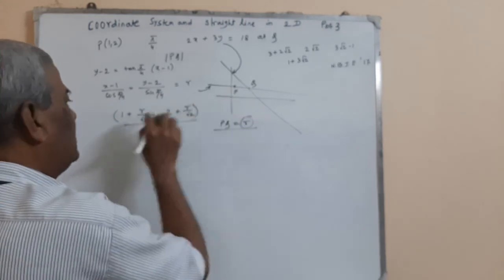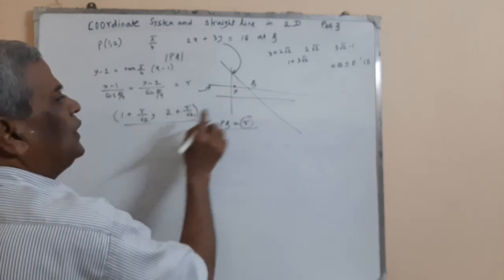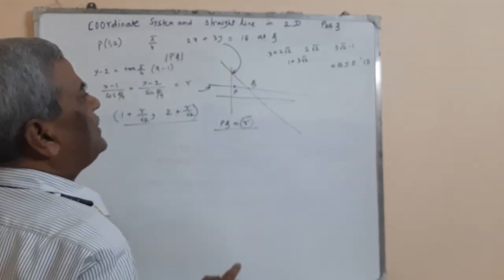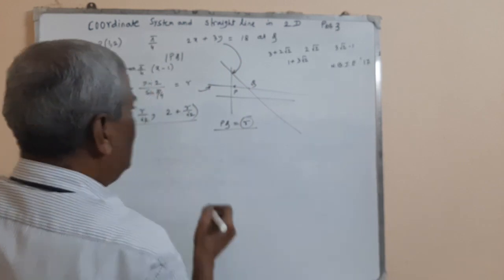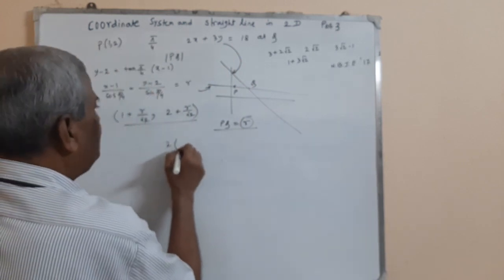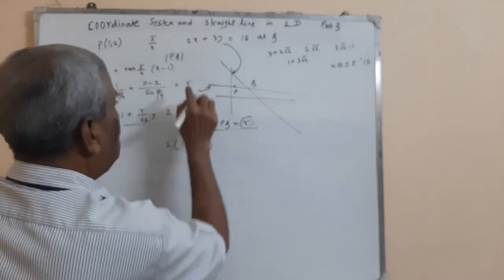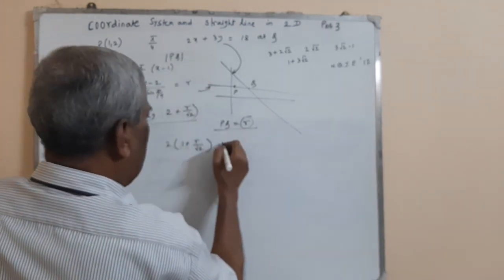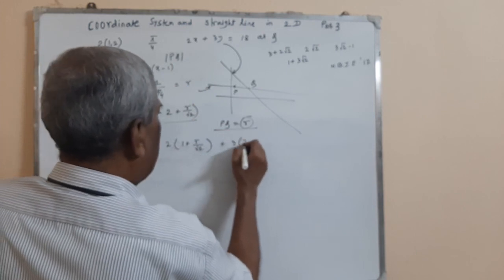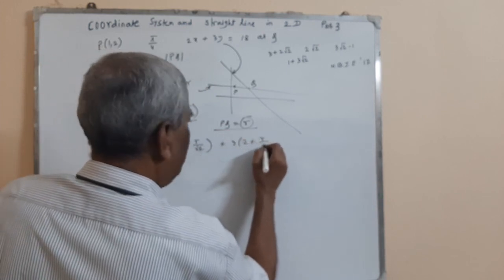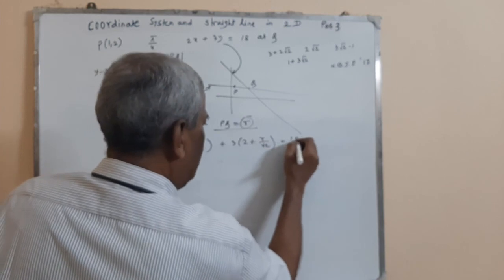Now this point Q lies on 2x plus 3y is equal to 18. So 2 into (1 plus r by root 2) plus 3 into (2 plus r by root 2) is equal to 18.